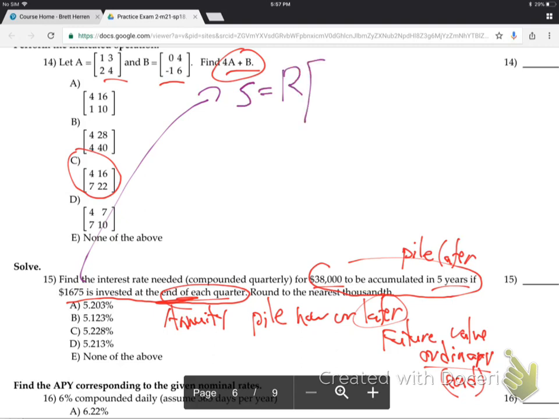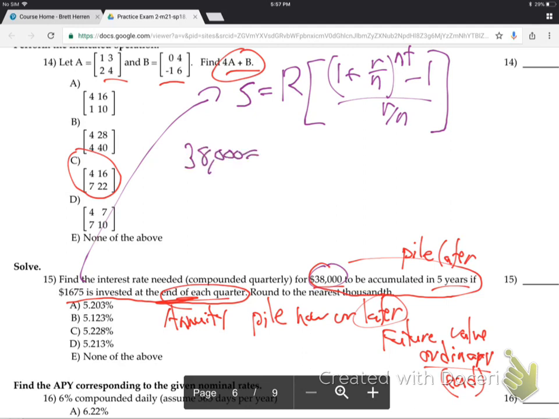S equals R over N times (1 plus R over N) to the NT minus 1, over R over N, like that. Okay. Now what are they giving me? They're giving me 38,000 to be accumulated, so that's the S. 38,000.